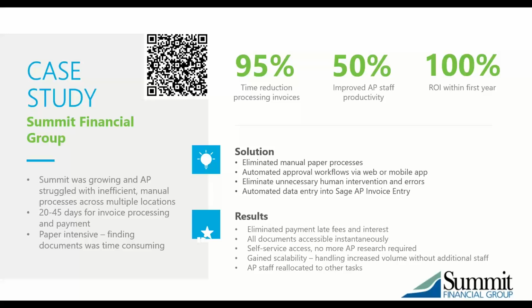By eliminating all of that unnecessary time and assigning new responsibilities, they improved the productivity of their AP staff by 50%. And by allowing the company to grow without requiring the additional headcount, without having to hire additional employees to handle the increased volume, they were able to achieve 100% ROI within the first year.